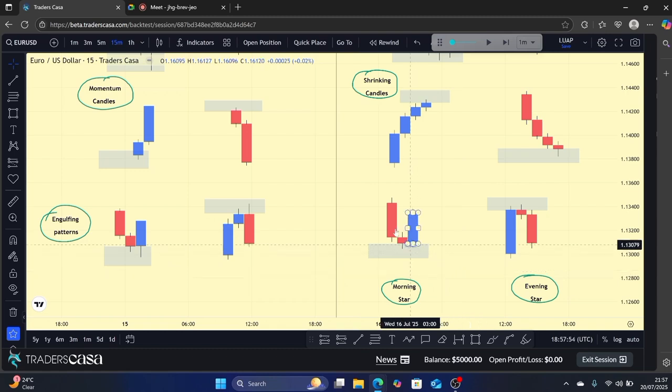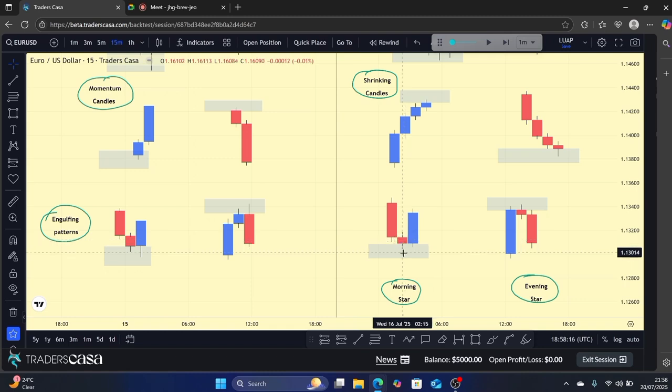So you can see the selling momentum, then the indecision candle. The selling candle was showcasing some domination of sellers, and then this doji candle showcases that there is some introduction of buyers into the market.